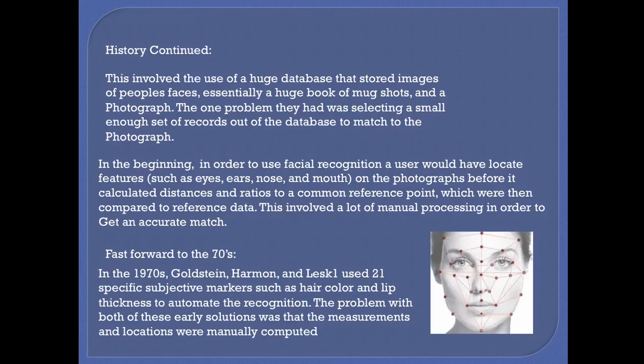The problem was that they were getting it semi-automated, but you still had to take the measurements between the eyes, the nose, and the lips and input those ratios into the computer to get a match. So we got a little further because now we're finding the hair color and the lip thickness and automating that, but you still had to take the measurements and get the aspect ratios for the program.